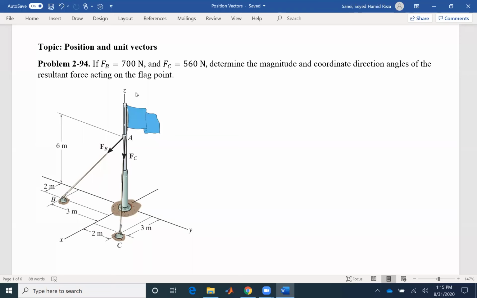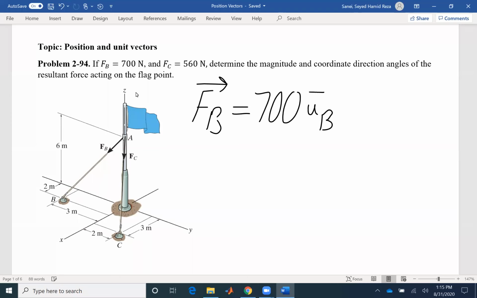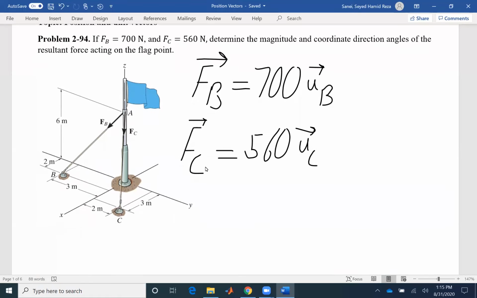That means that the force FB, if you want to write it in vector form, you have the magnitude of FB, which is 700, times the unit vector, the direction. That gives us the Cartesian components. Similar for FC, would be 560 and the direction, right? Arrows indicating vector. So our first task is to find UB and UC.